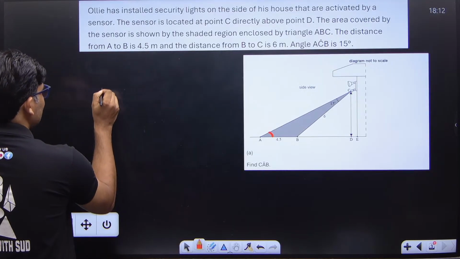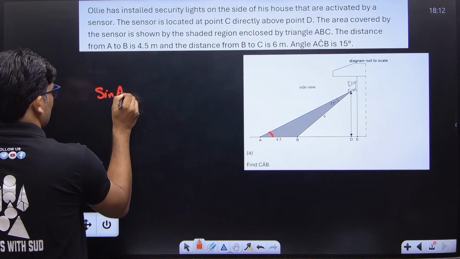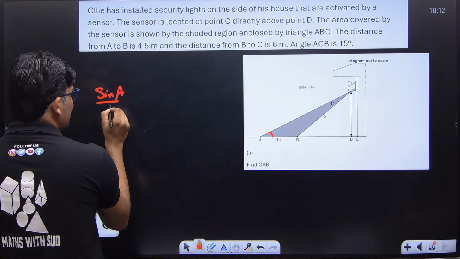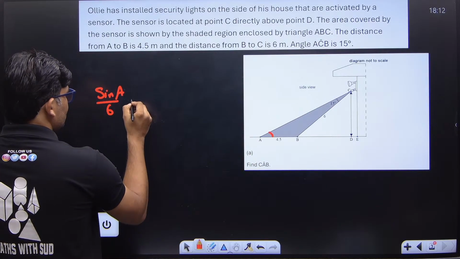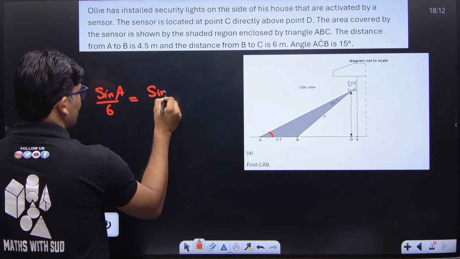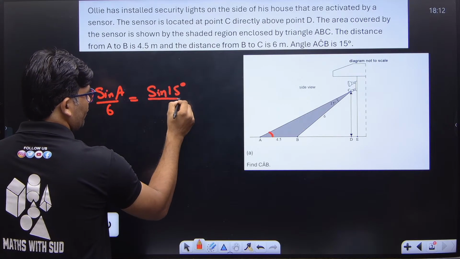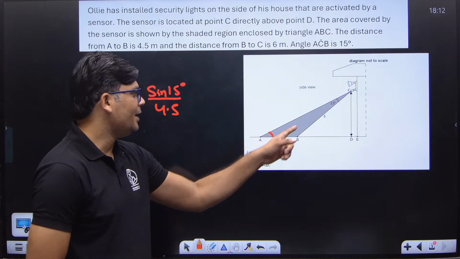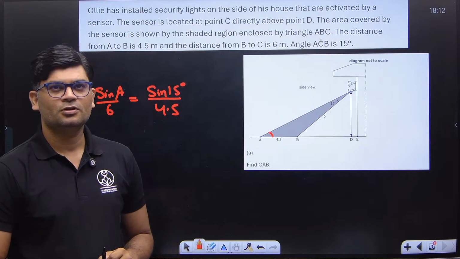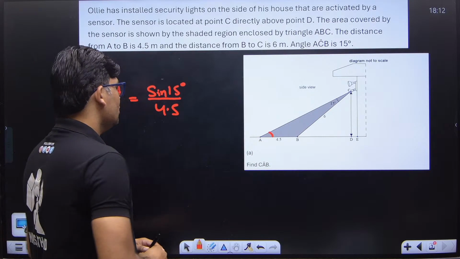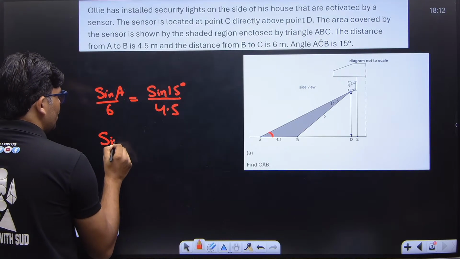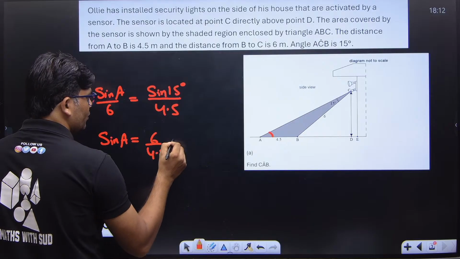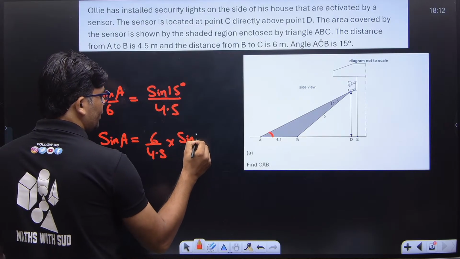We can write sine A upon, what is the side in front of angle A? 6, is equal to sine 15 degrees divided by 4.5, because the side in front of 15 degrees is 4.5. So sine A will be equal to 6 upon 4.5 into sine 15 degrees.